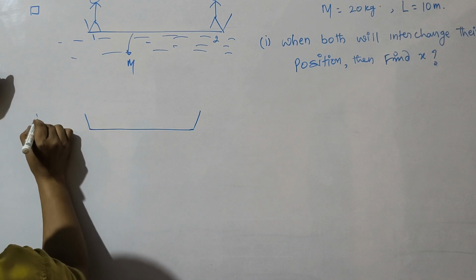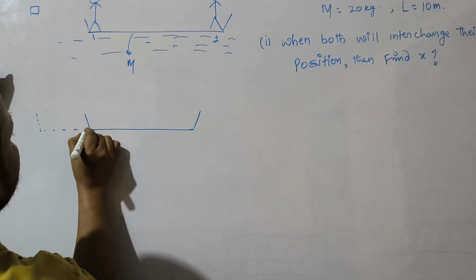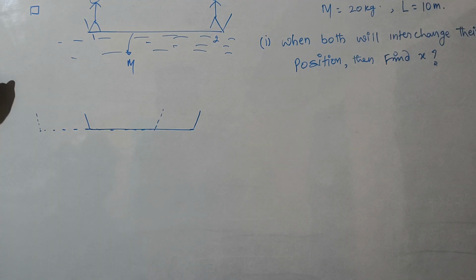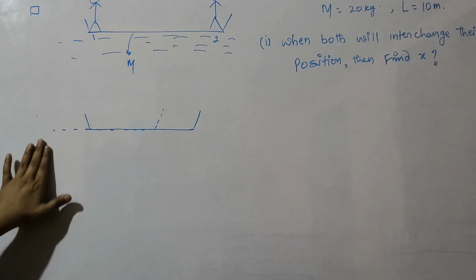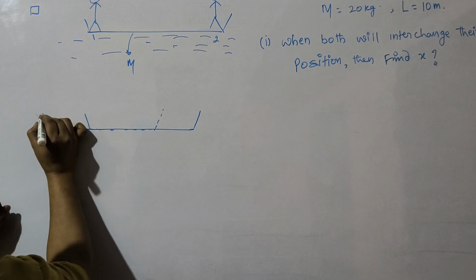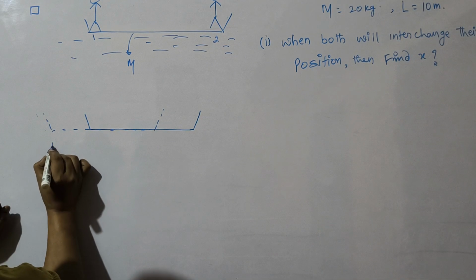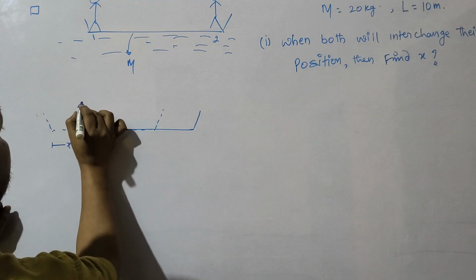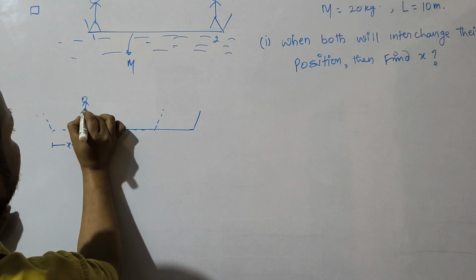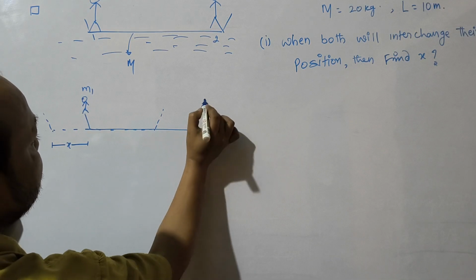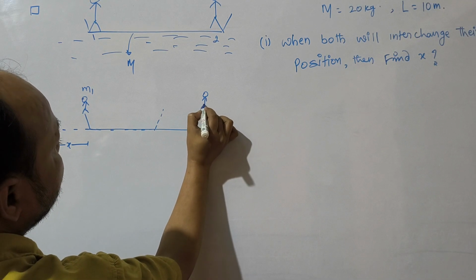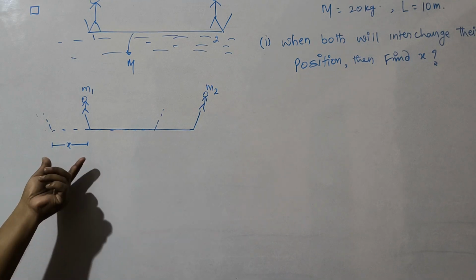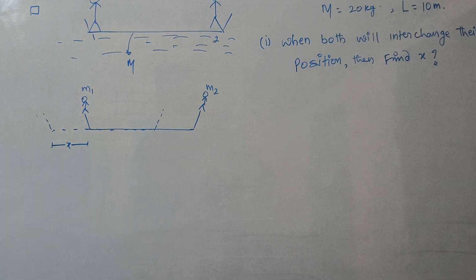Let's say the boat has shifted by an x distance. Say this distance is x. Now this is the person M1 and this is the man M2. The distance traveled by the boat is x.